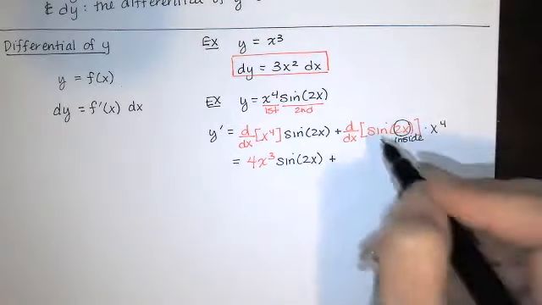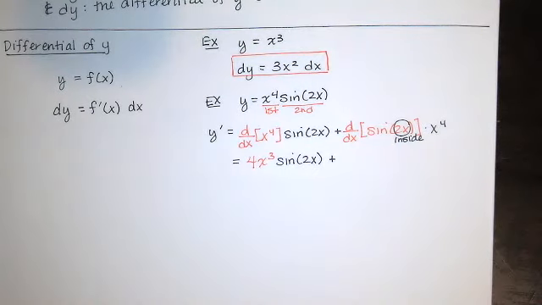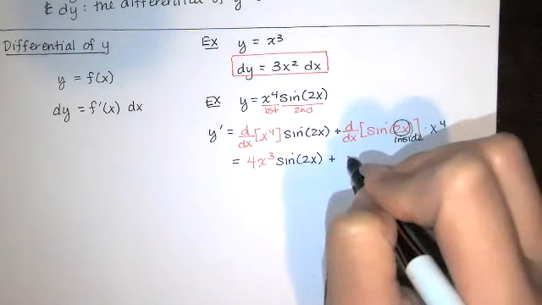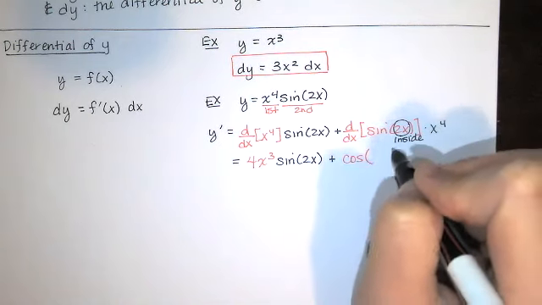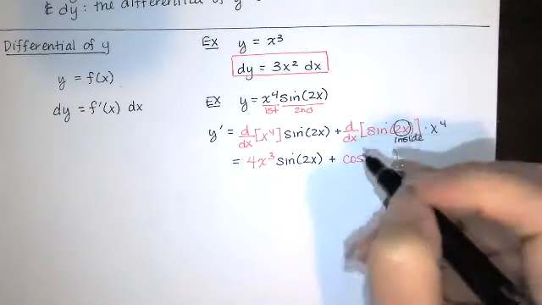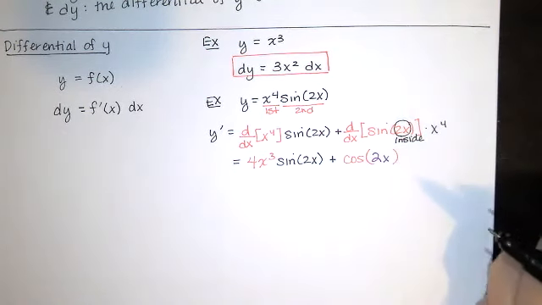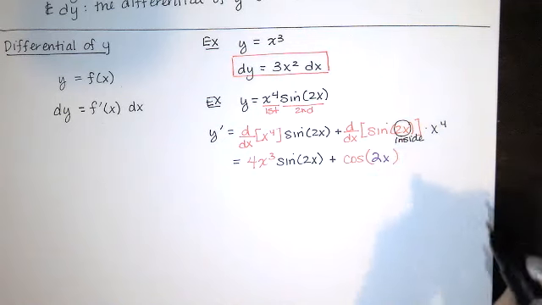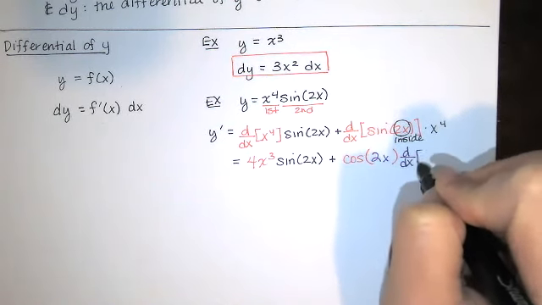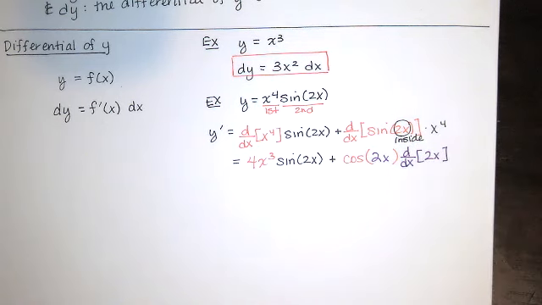According to the chain rule, we take the derivative of the outside function first. Derivative of sine of a function is cosine of that function. Then you put your inside function back in, don't take its derivative yet, just plug it back in, and then multiply by the derivative of the inside by the chain rule.